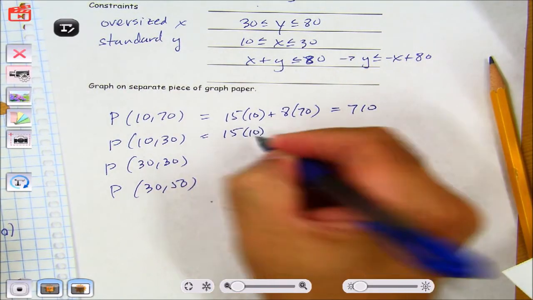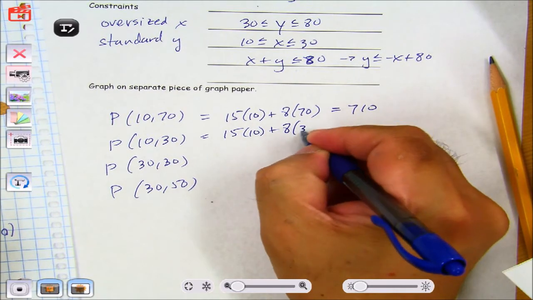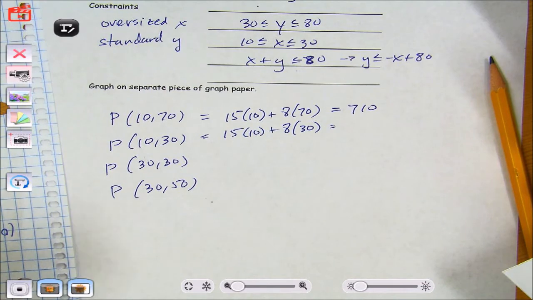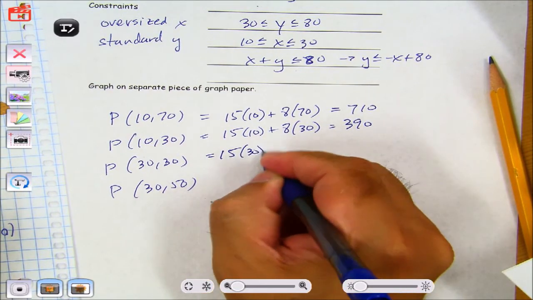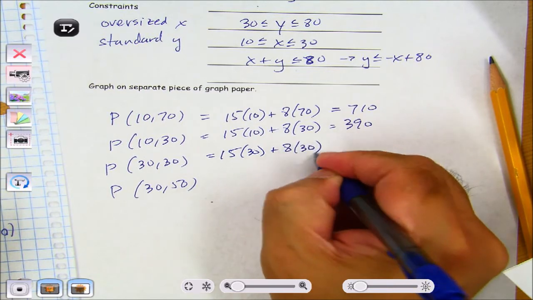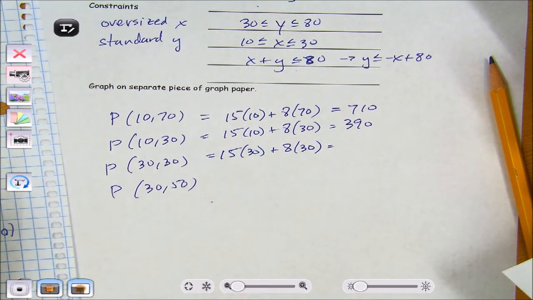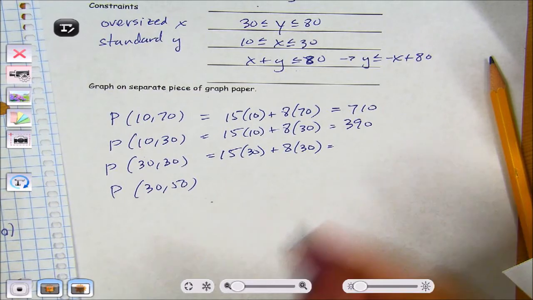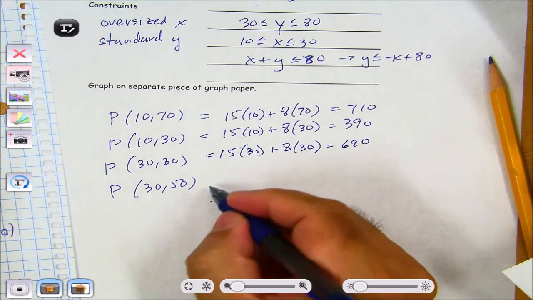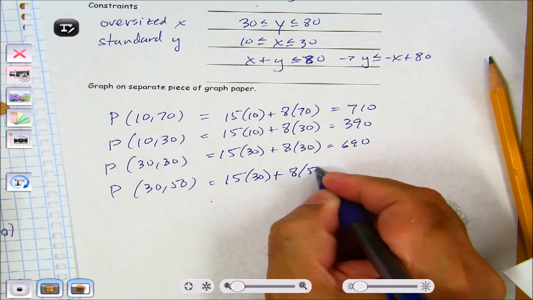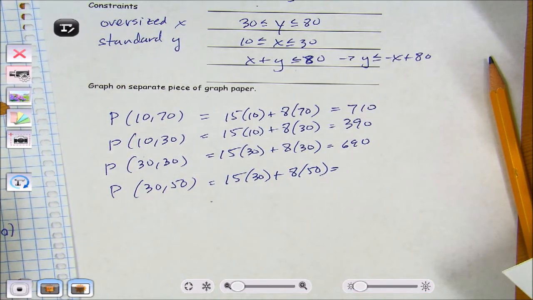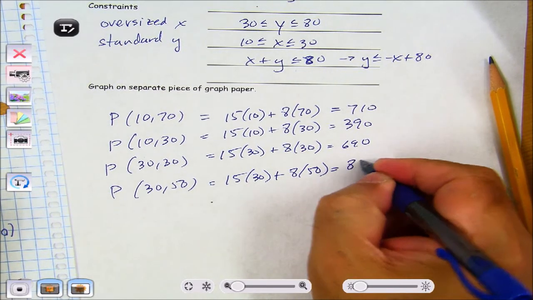15 times 10 plus 8 times 30. So this is obviously less than that, isn't it? And this one, 15 times 30 plus 8 times 30, and that's 690. And the last one, and I got 850.